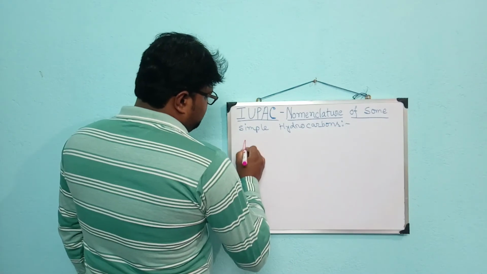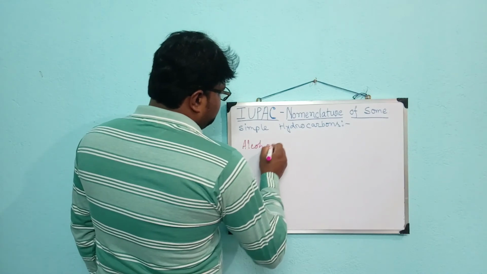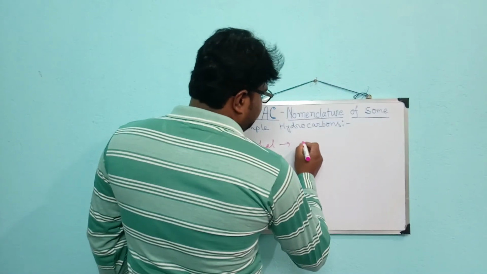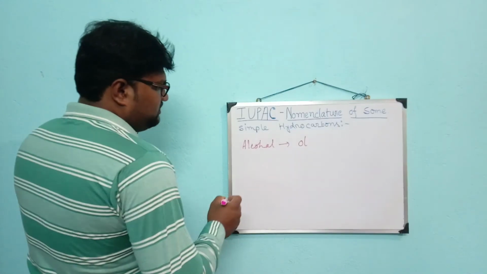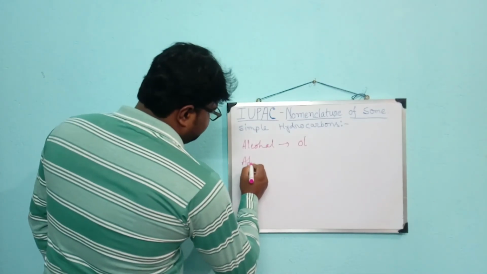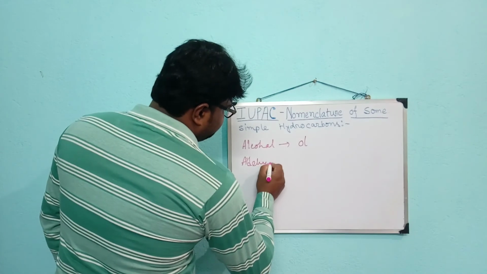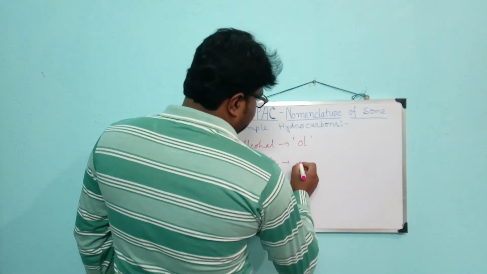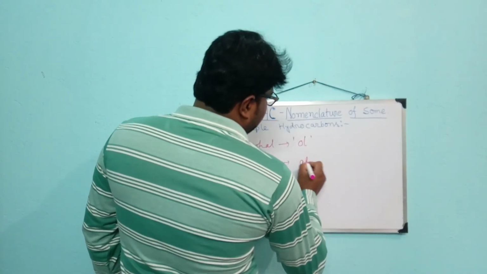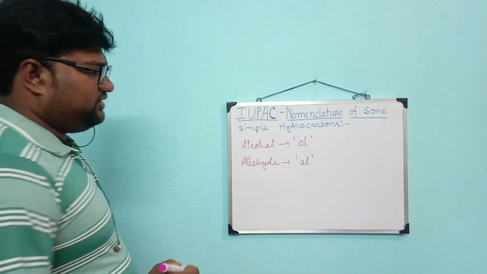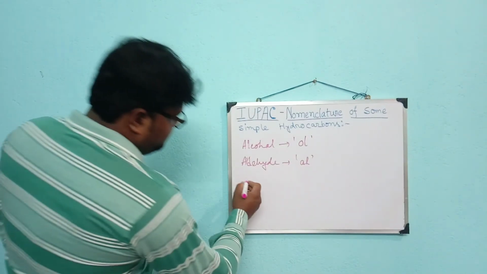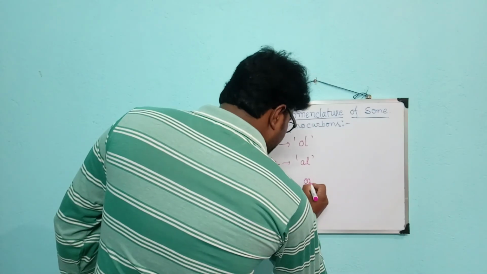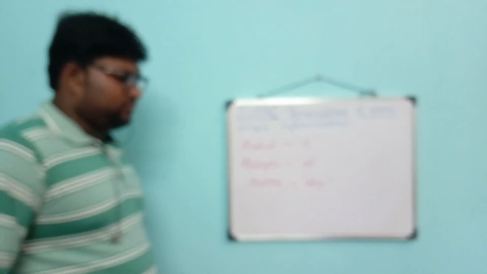For the presence of alcohol, the naming should end with ol. For the presence of aldehyde, the molecule should be named ending with al. If the molecule contains a ketone group, then it ends with one, and many more.